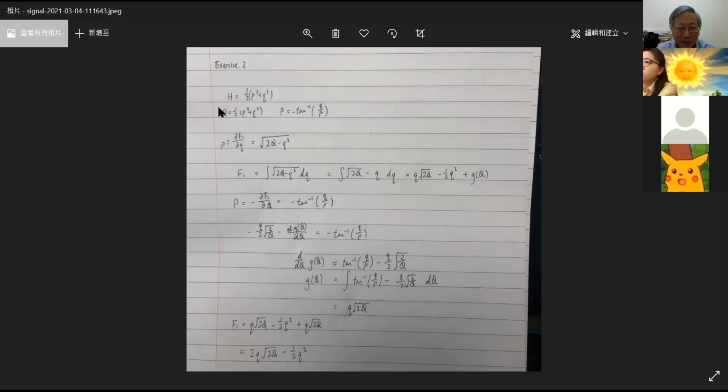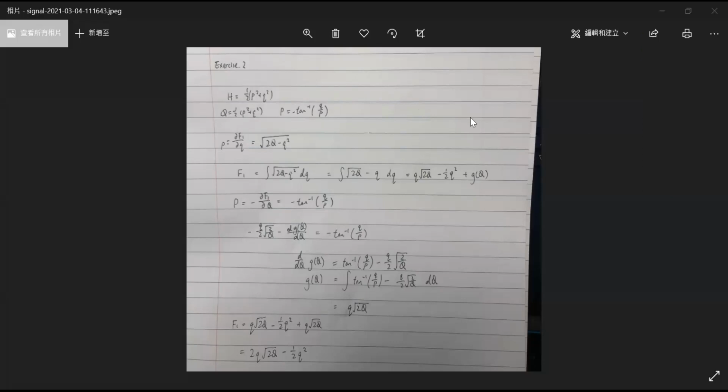But I calculated by first finding p in terms of large Q and small q, equating that with round f1 round q, and then by integration I find f1, which is q root 2 large Q minus half Q squared plus g of Q. And then I do something with large P, which is negative round f1 round large Q, and equals negative arctangent Q over P.